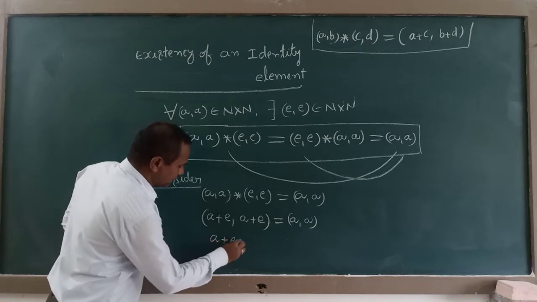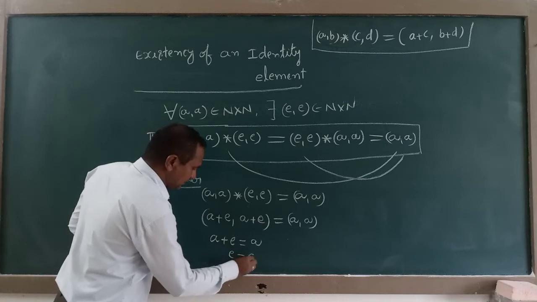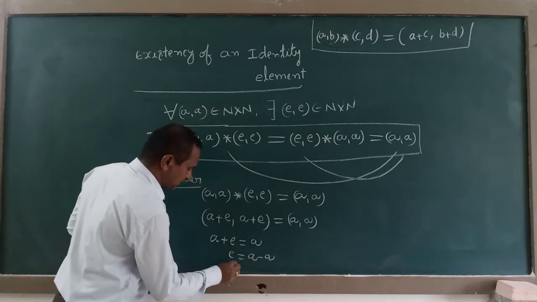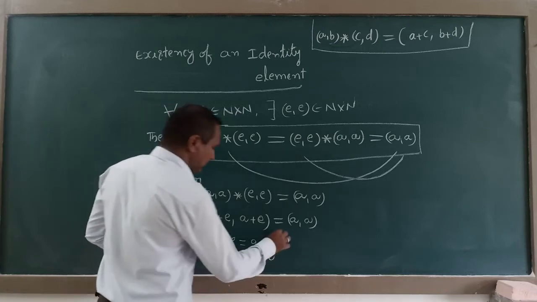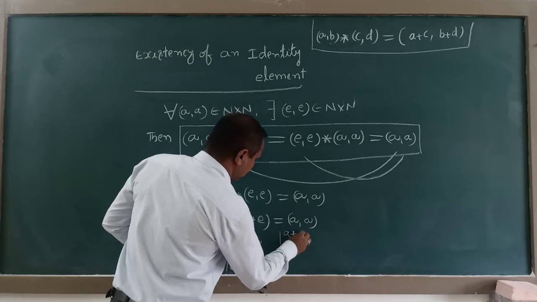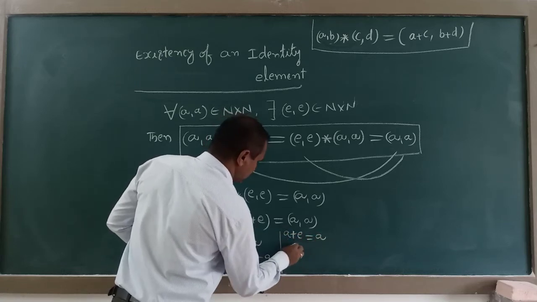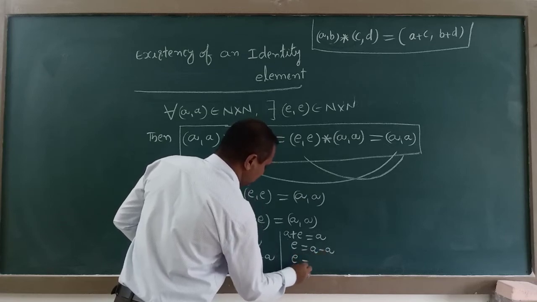A plus E is equal to A. E is equal to A minus A. That's why E is equal to 0 we got here. Here also A plus E is equal to A, E is equal to A minus A, then E is equal to 0.